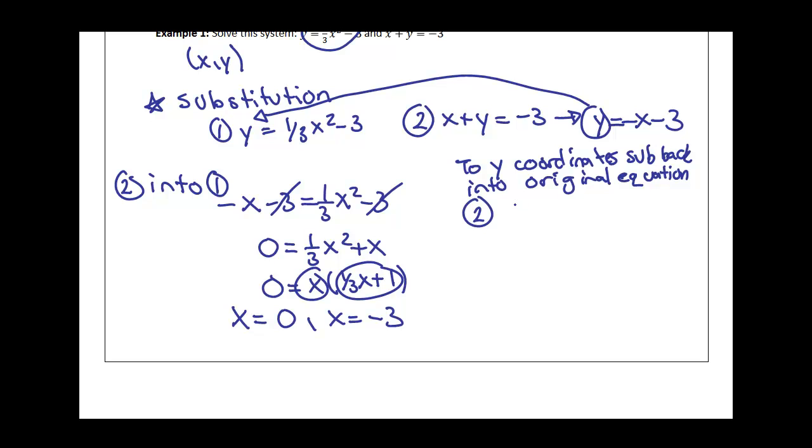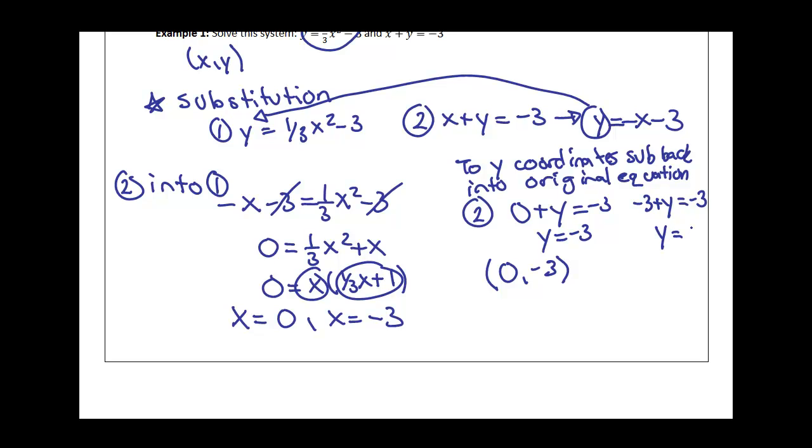So here I have an x of 0, plus y = −3, hence y = −3. So my one point is (0, −3). Then the other one was −3 + y = −3.